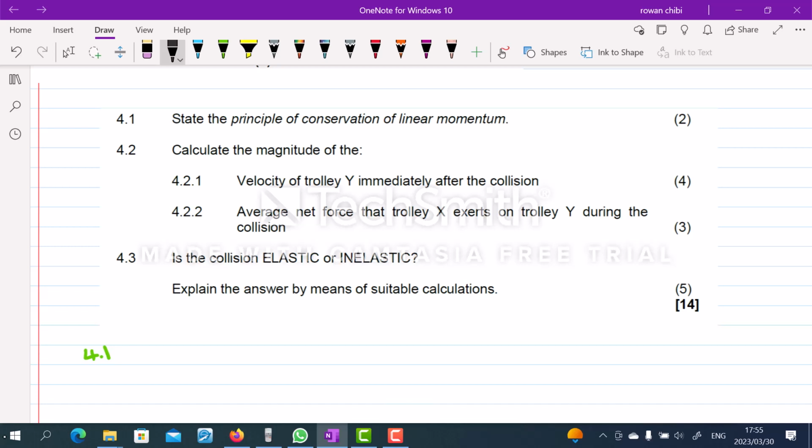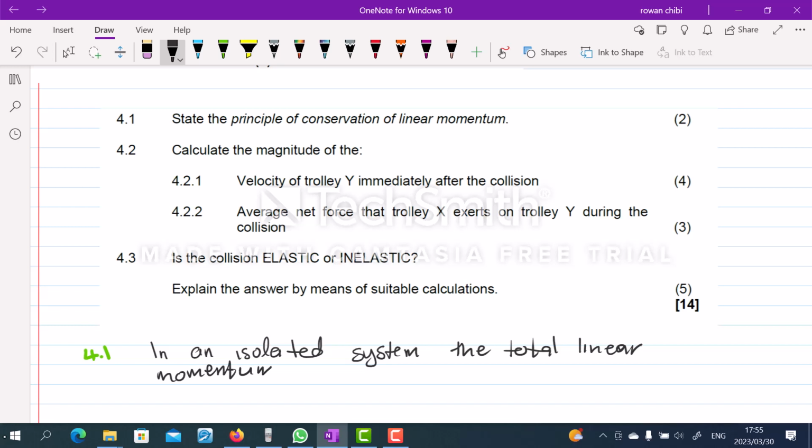Okay, yeah, it says in an isolated system, the total linear momentum of an object is conserved.